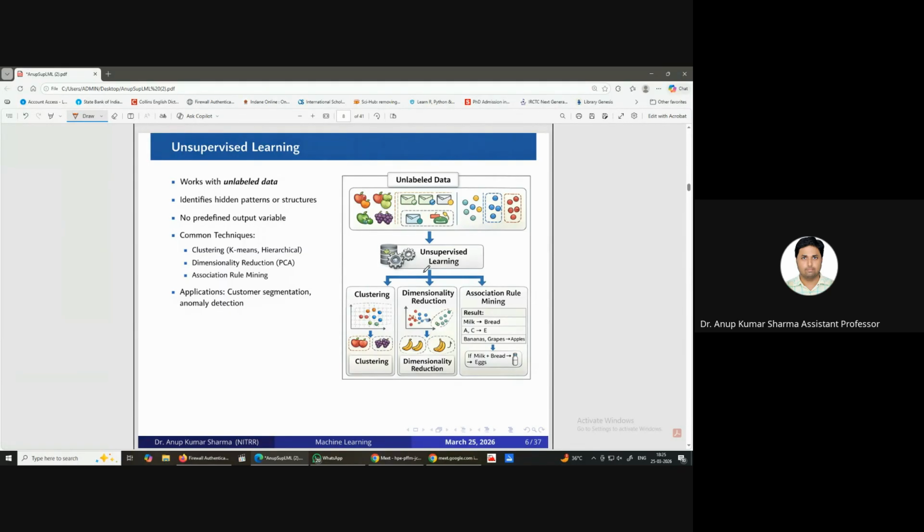The unlabeled data is mixed, and after the model, it makes clusters. Say four types of fruits are mixed up. When they pass through the model, they have no labels, so they are separated by their shape and by their color.